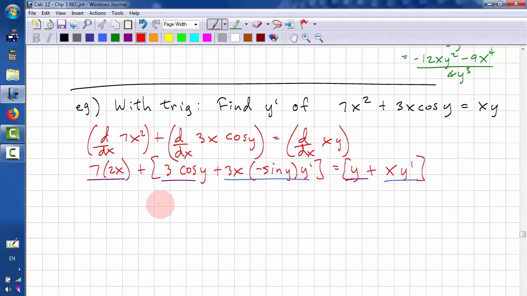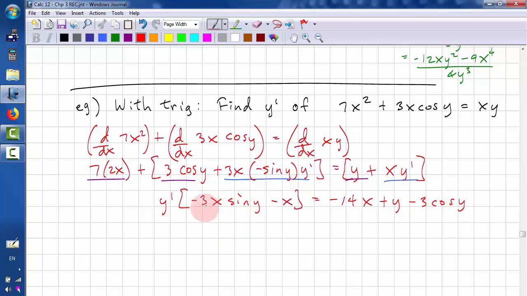And we're going to factor out a y prime right away. So this is negative 3x sine y. And here we're going to have negative x. We'll start off with x's, alphabetical order, so negative 14x. And then we're going to go with y, and that's a positive y. And then this one's going to be negative 3 cos y.